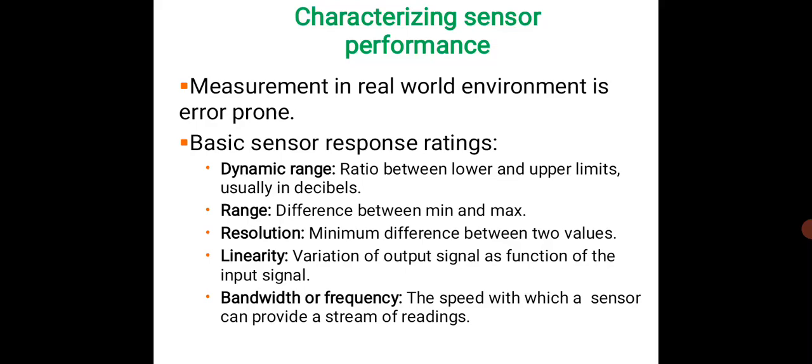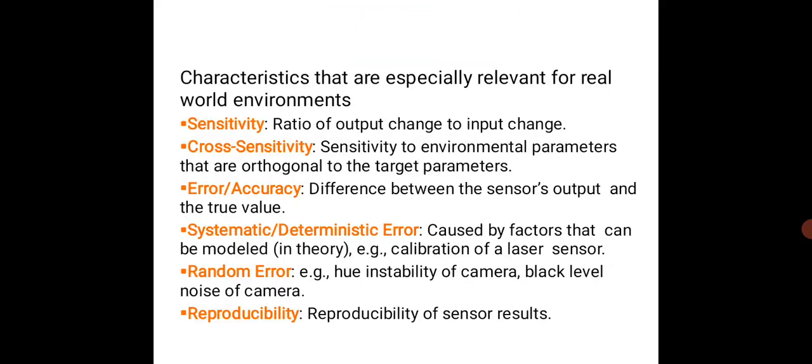Range is the minimum and maximum difference. Resolution is the minimum difference between two values. Linearity is the variation in the output signal as a function of the input signal. Bandwidth is the speed with which a sensor can provide a stream of readings.